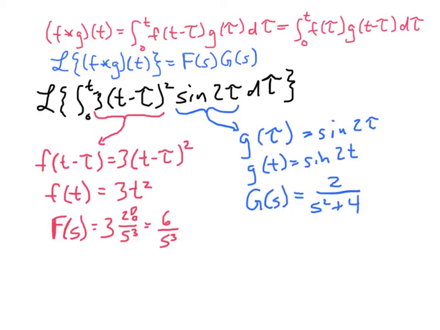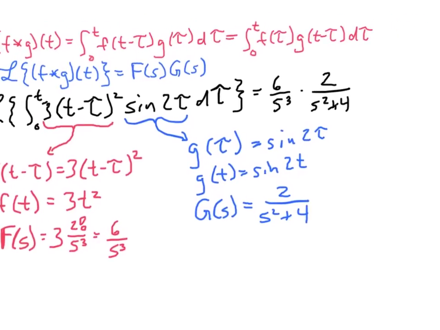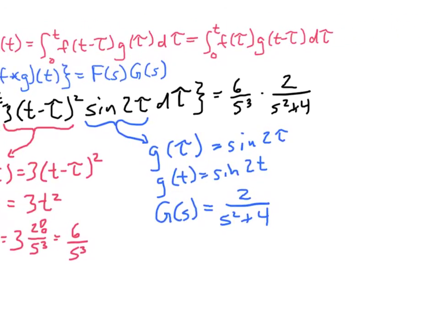So we can see then that the Laplace transform of our integral is 6 over s cubed times 2 over s squared plus 4. And let's just combine those two into one fraction.